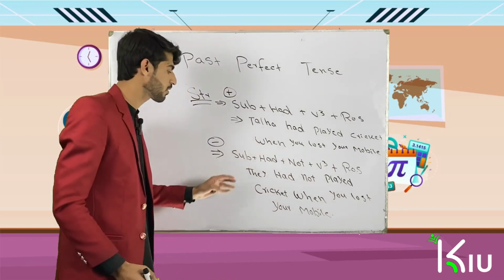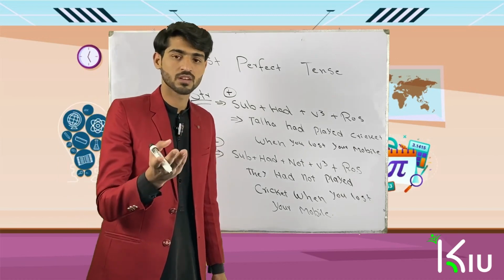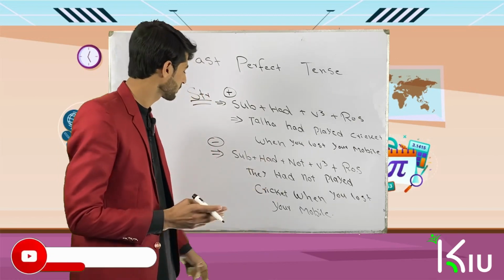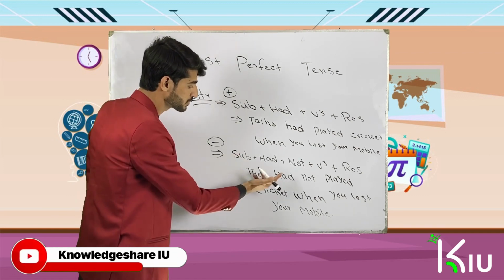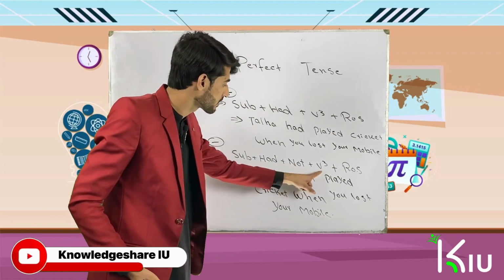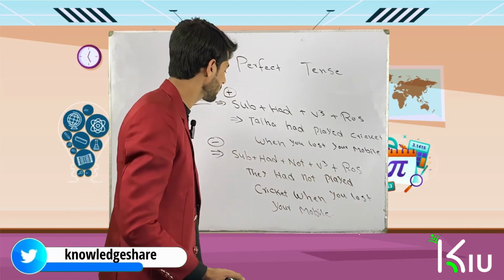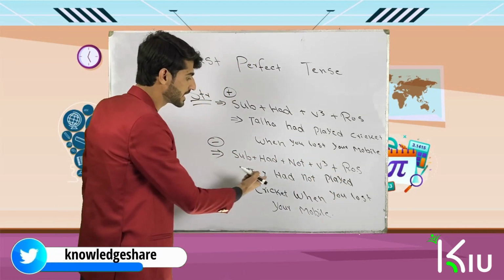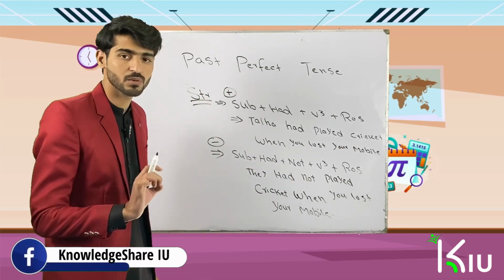If the subject is singular or plural, we'll put had with both. Now, they is the subject, then I put had, then not, then verb 3, the third form of the verb, and then the rest of the sentence. They had not played cricket when you lost your mobile.